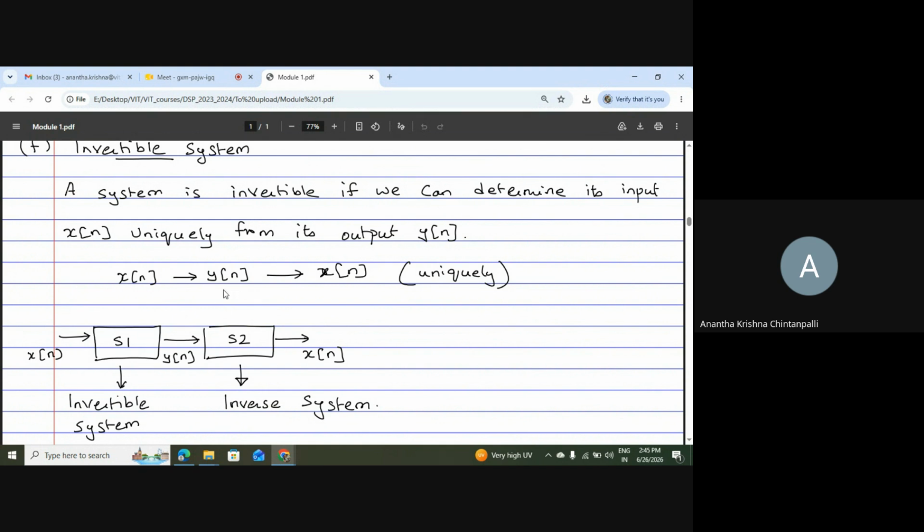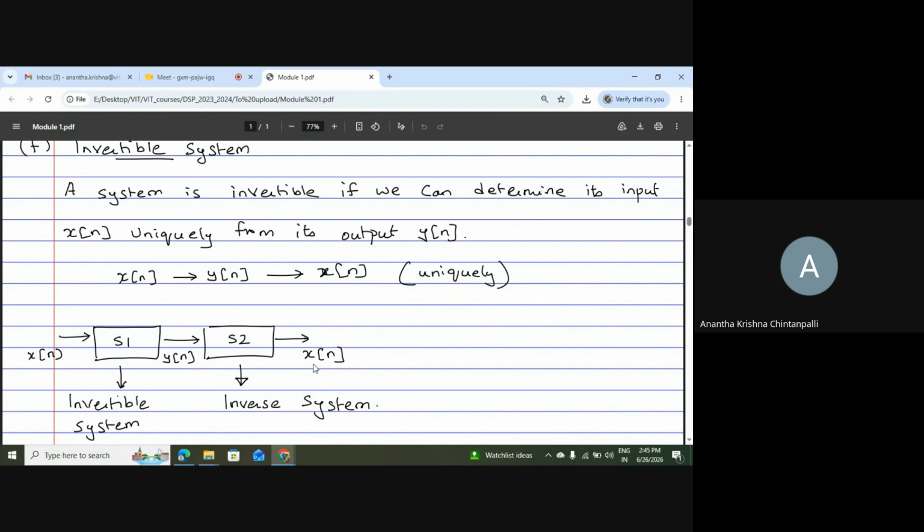One simple test to determine whether the system is invertible or non-invertible: if two inputs produce the same output, for example 4 and minus 4 produce the same output under a squaring operator, 16 and 16, then you cannot determine x of n uniquely, so it's not going to be an invertible system.